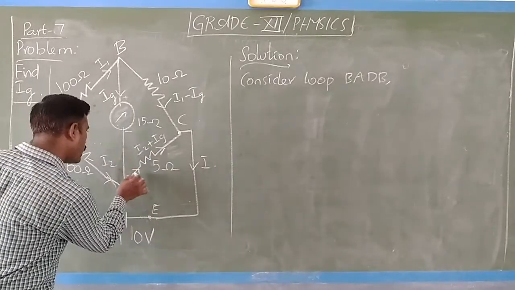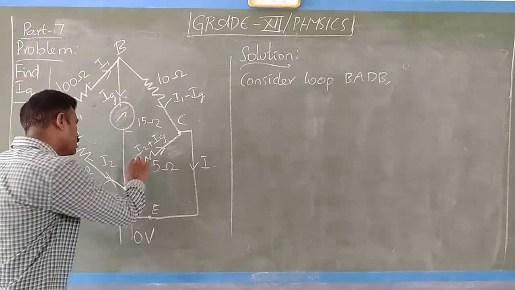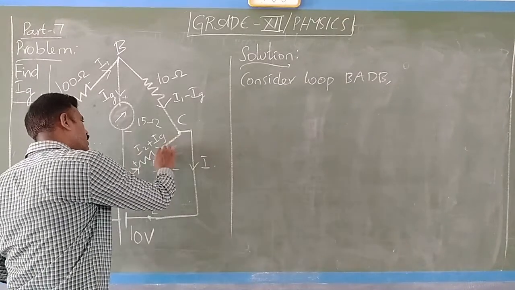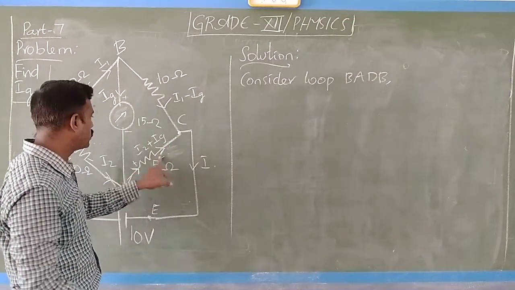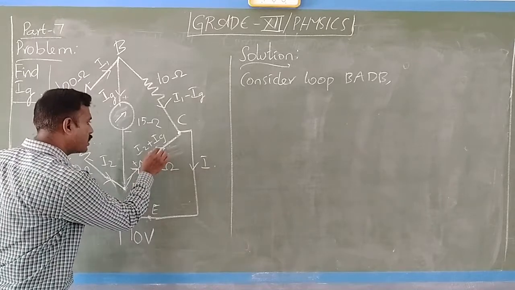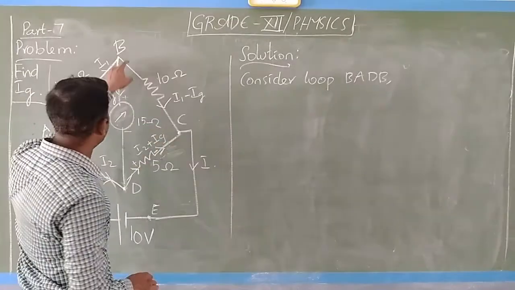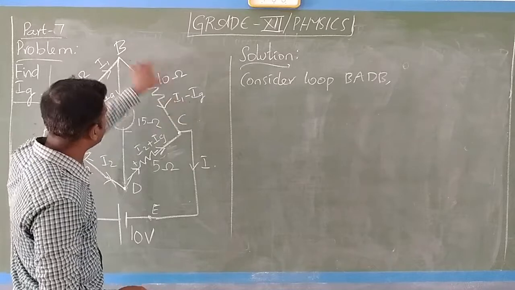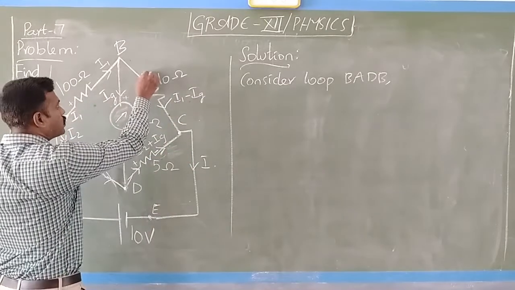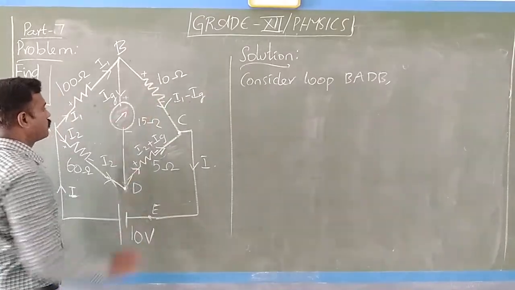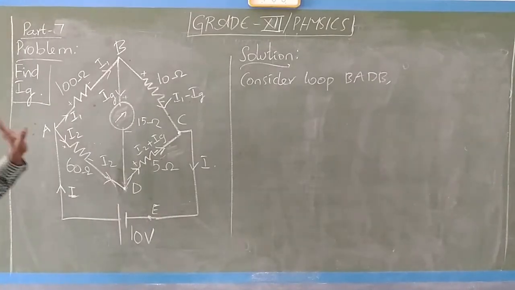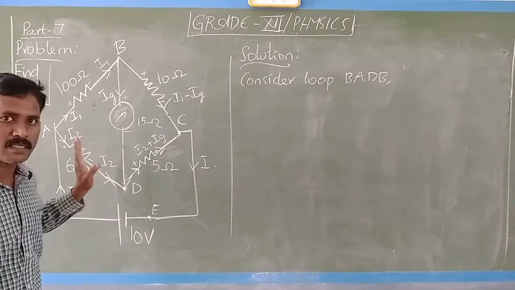So this is the entering end, with the arrow like this. Entering end is positive, leaving end is negative. Then current I1 minus I3 is coming in this direction, so this is positive and this is negative. That's all. I have given signs for all the resistances.